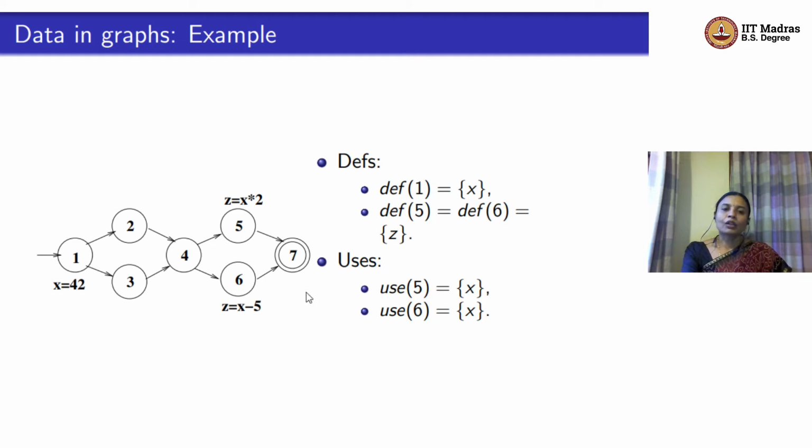To define z in nodes 5 and 6, I use the variable x. In node 5, z is defined as 2x, so use of 5 is x. Similarly, in node 6, z is defined as x minus 5, so x is also used at 6. So I take a graph like this, look at some statements, and I can mark out the definitions and uses. We will see more examples as we move on.